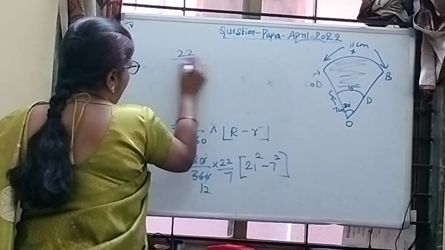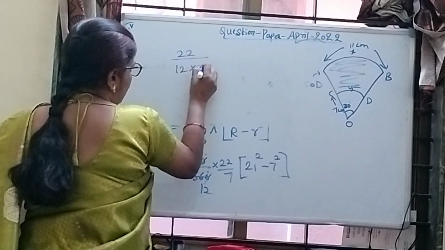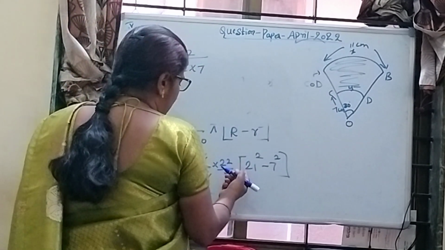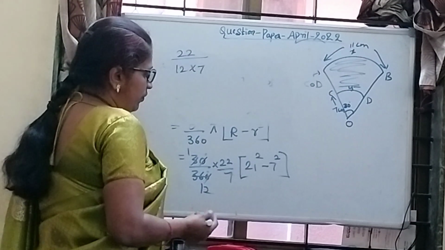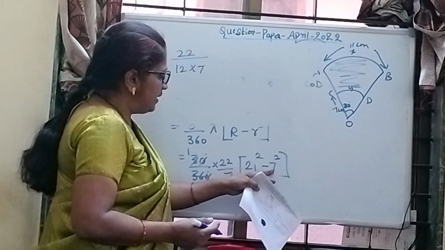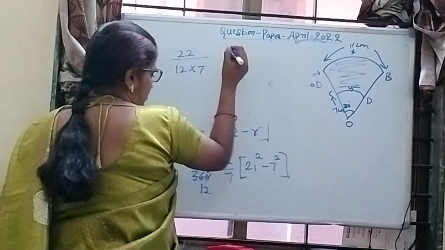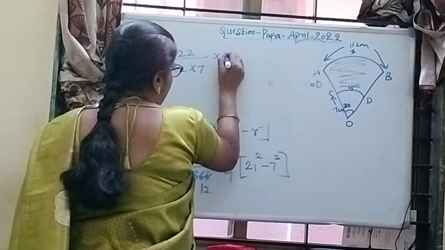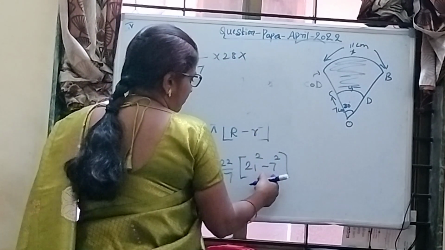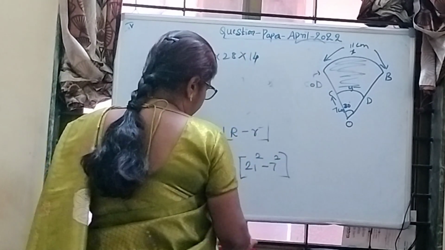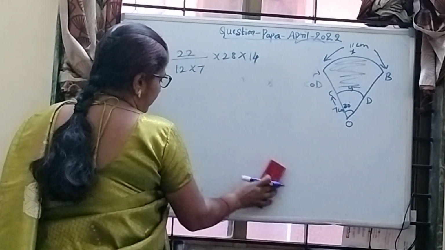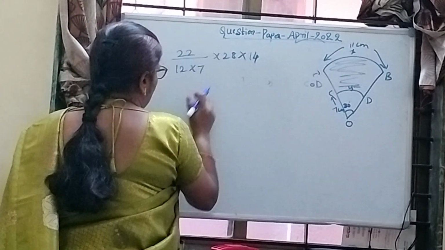So 22 by 12 into 7, and to make it easy, I'll take a plus b into a minus b. 21 plus 7 becomes 28, into 21 minus 7, it becomes 14. Or you can take even 21 square minus 7 square also.